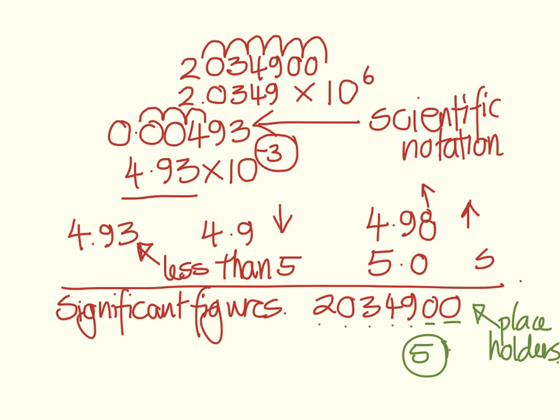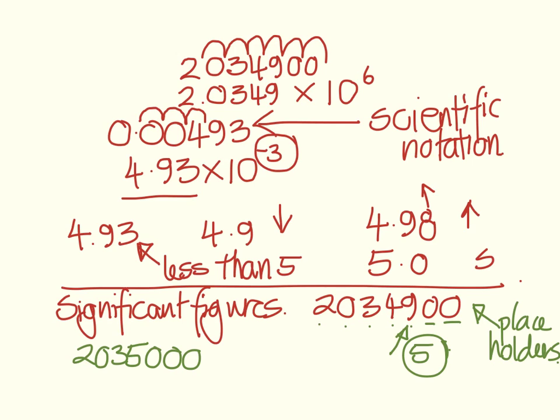If we are going to round that to 4 significant figures, we look at the last one. It is larger than 5, so we round it up, and we would have 2035000.